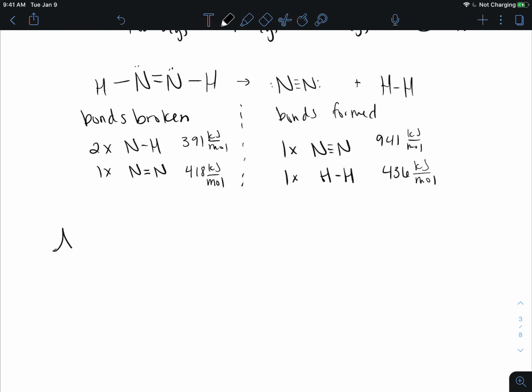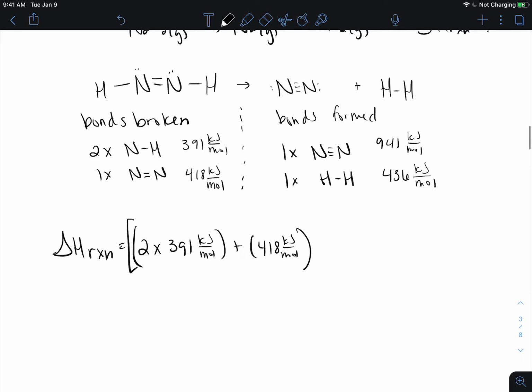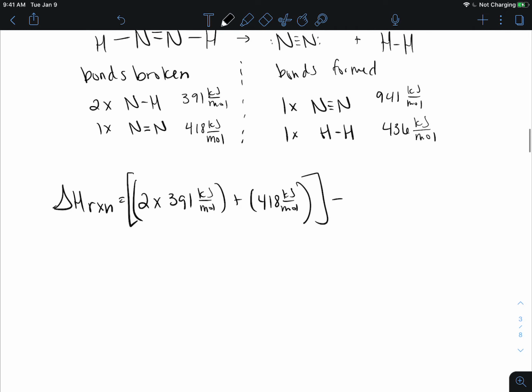So to solve for our delta H of reaction, we're going to take all of our bonds that are broken, add them together, and then subtract out all the bonds that are formed.